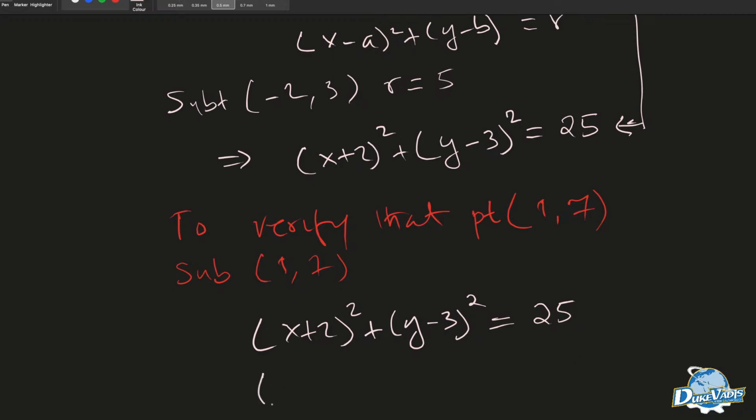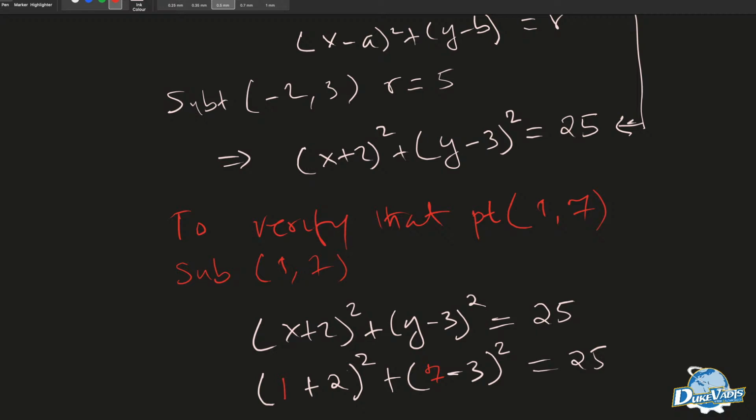The first value, which is 1, goes in for x, and the second value, which is 7, goes in for y.